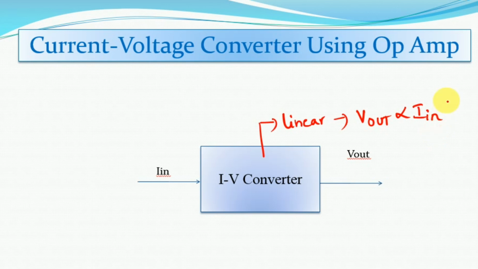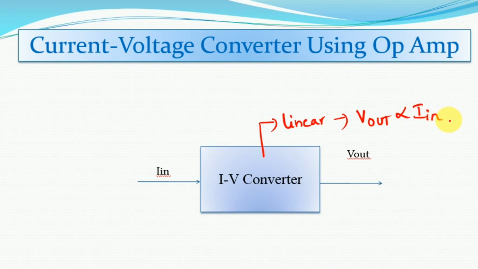For example, if there is a slight change in the input signal, the circuit should quickly respond to the change and produce the output voltage at the output. It means that the circuit follows the linear characteristics.